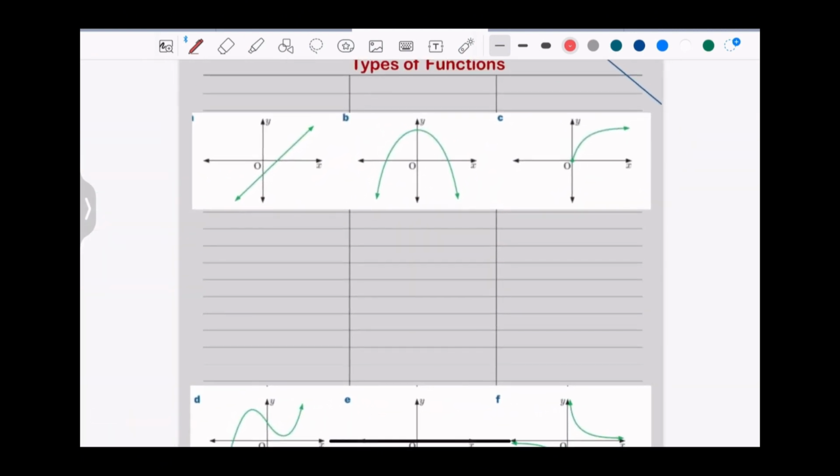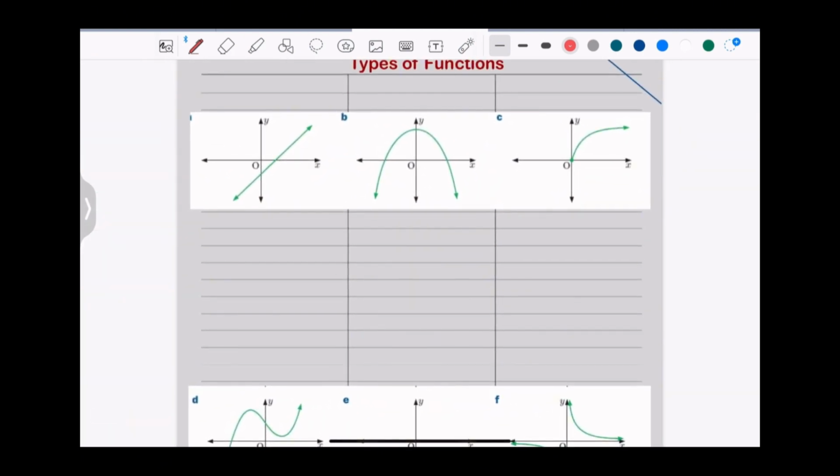Let's look at this question on types of function. I'll just randomly draw these horizontal lines everywhere. For the first one, it is intersecting at one point, hence one-to-one. Many-to-one. This is one-to-one.